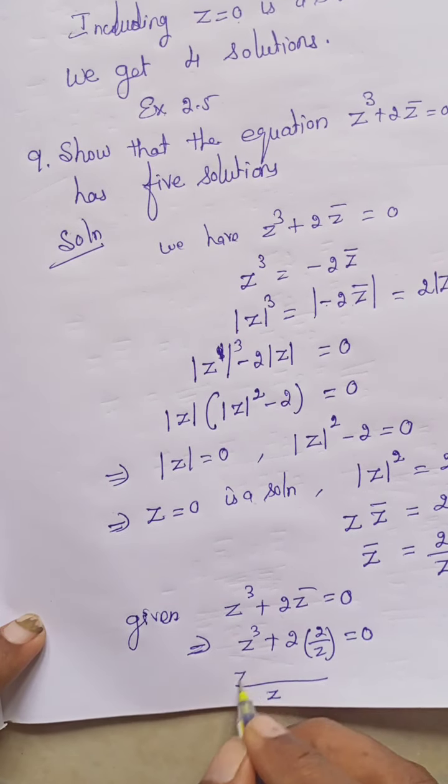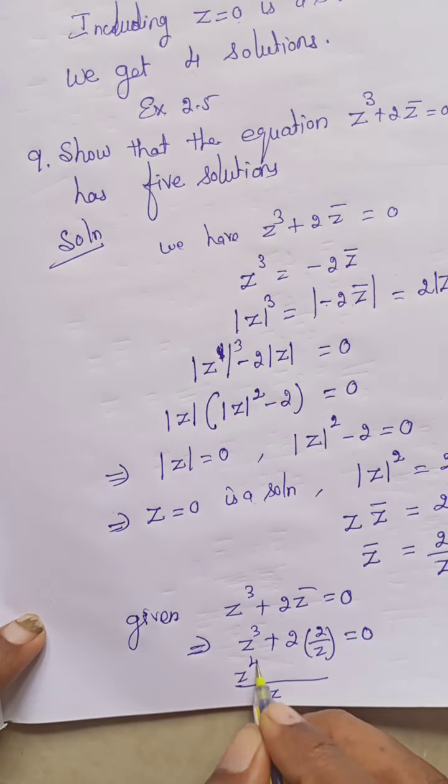LCM will be z power 4 plus 2 into 2, 4, equal to 0, or z power 4 plus 4 equal to 0. So from here, how many solutions does it have? 4 solutions. Now you can write, including z is equal to 0, we get 5 solutions.